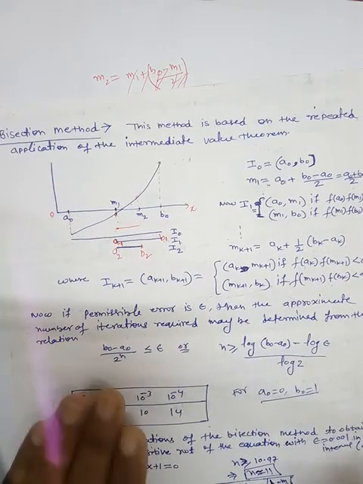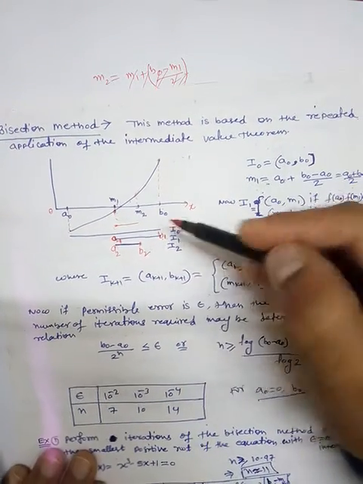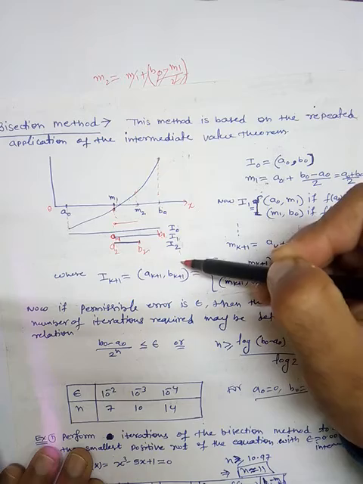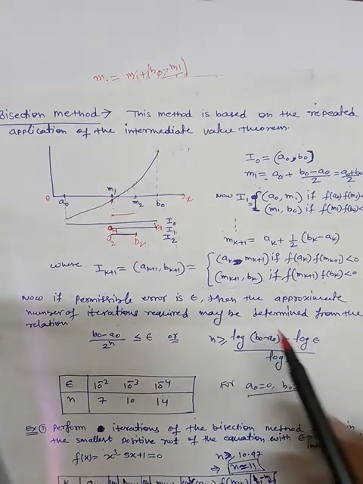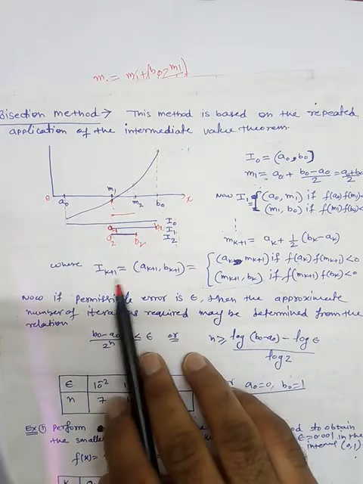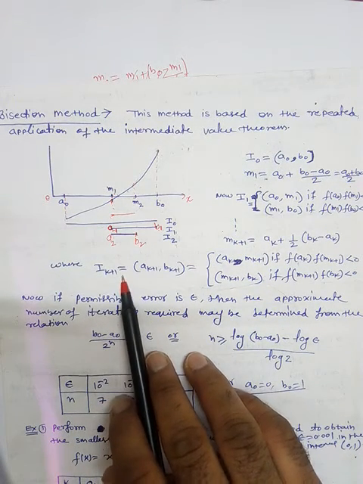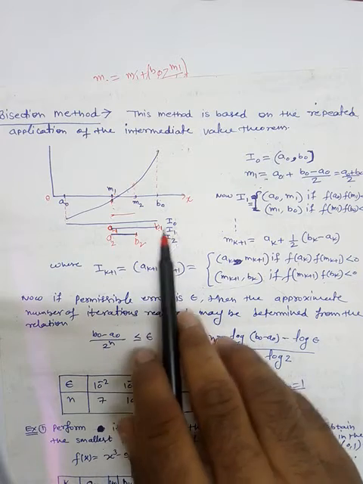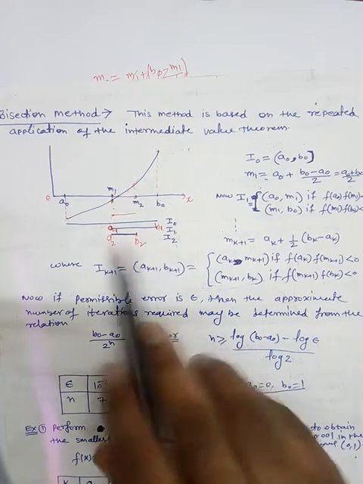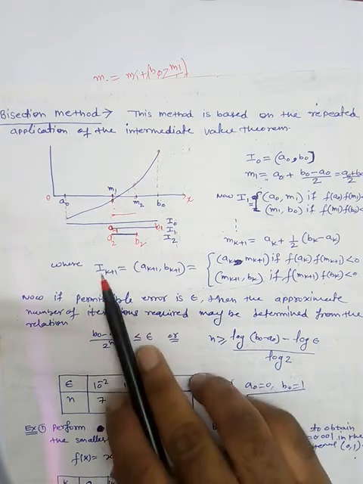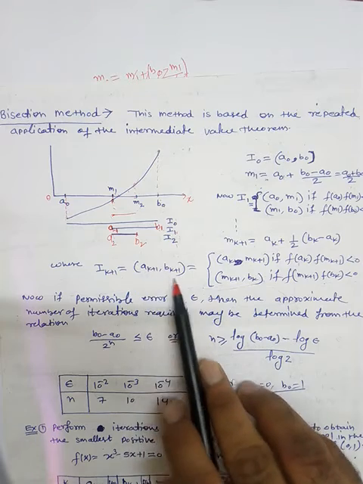In general, if you follow this way, I0, I1, I2 and so on, the next interval will be Ik plus 1. I1 is A1 B1, I2 is A2 B2 and so on, so Ik plus 1 will be Ak plus 1, Bk plus 1.